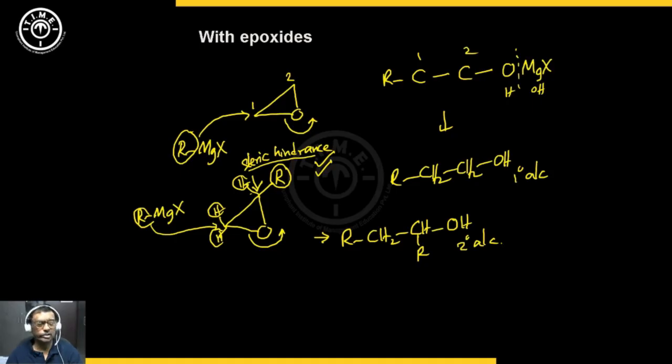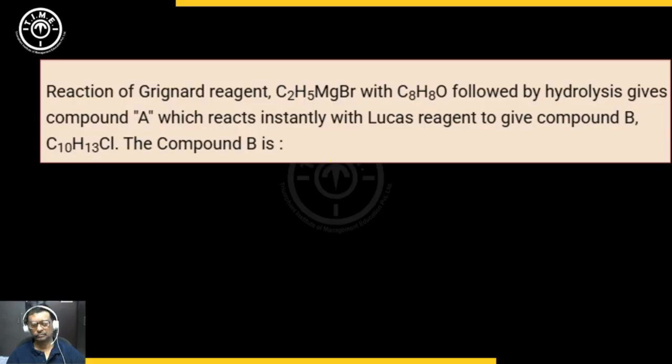So, now are we in a position to take questions? Yes. The very first question, reaction of Grignard reagent C2H5MgBr with C8H8O followed by hydrolysis gives a compound A which reacts instantly with Lucas reagent. So, we know that this is going to be a tertiary alcohol, right?